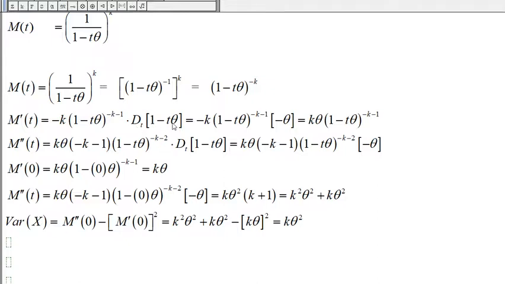The derivative of 1 minus t theta will be negative theta. Negative times negative is positive, so we get k times theta times 1 minus t theta to the negative k minus 1.